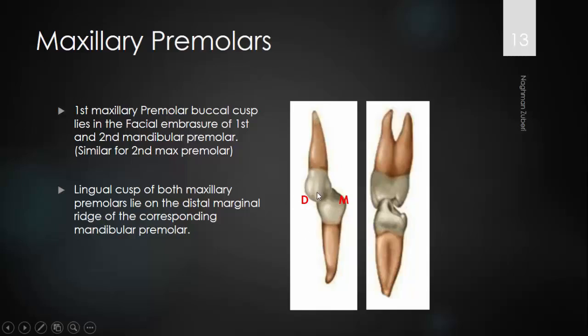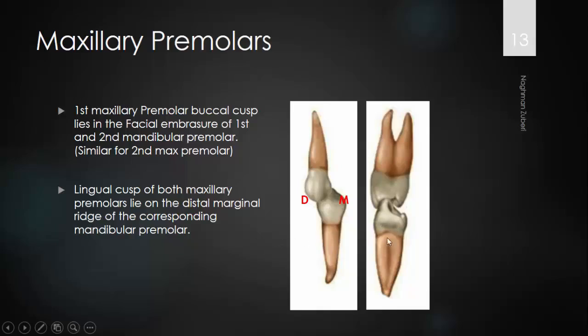So the mesial incline of the upper first premolar will be distal to the distal incline of the lower first premolar, and the distal incline of the upper first premolar will be mesial to the mesial incline of the lower second premolar. The lingual cusp of both maxillary premolars lie on the distal marginal ridge of the corresponding mandibular premolar.